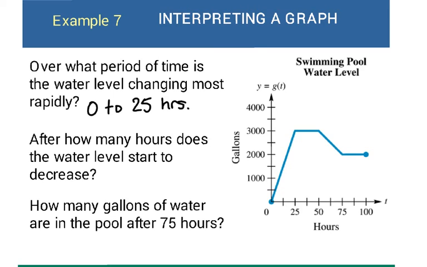Okay, and then it says, next question, after how many hours does the water level start to decrease? Well, that's this portion of the graph here, because when you go left to right, it is going down. So from 50 to 75 hours.